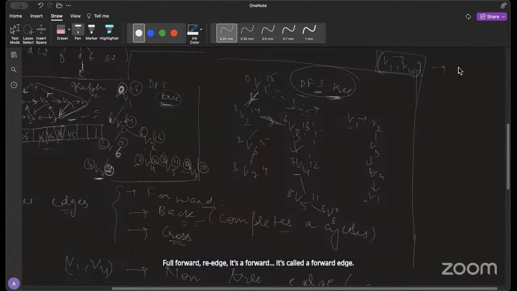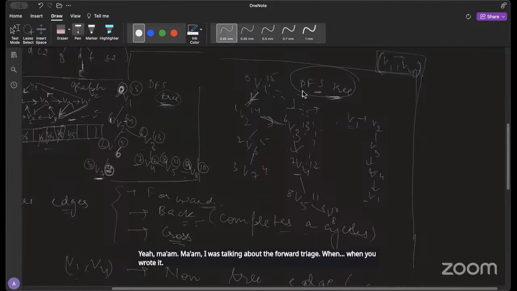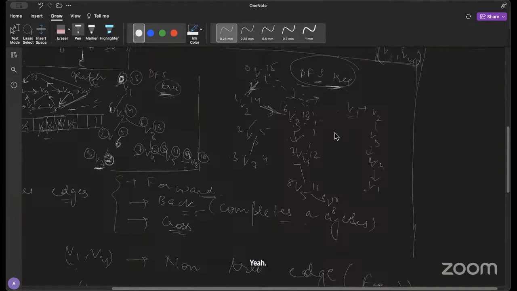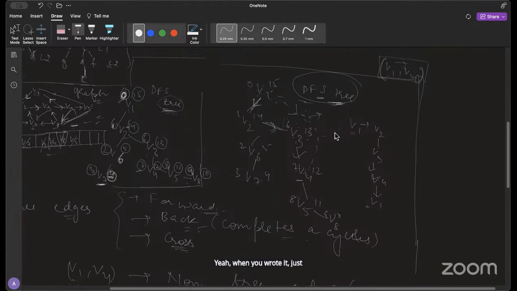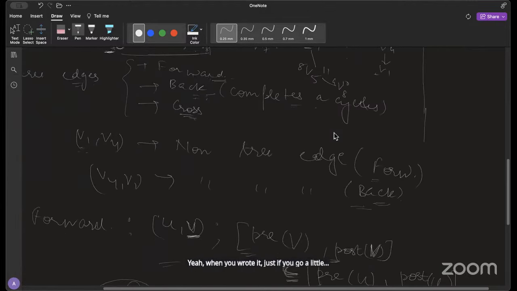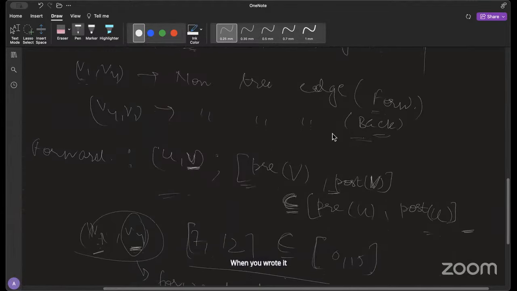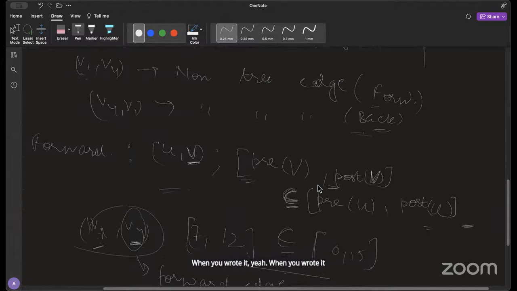Ma'am, I was talking about the forward tree edge when you rotate, like 7 12 contained in 0 15, you make it a forward edge.